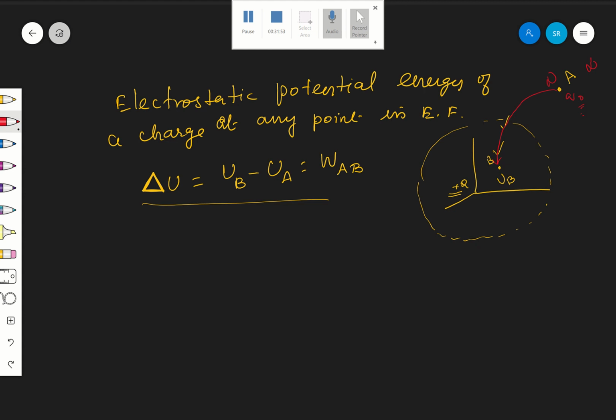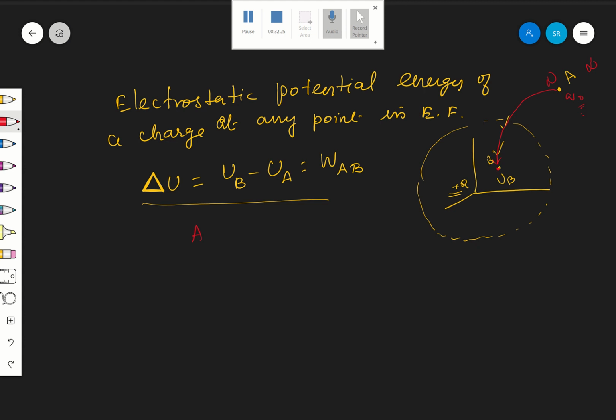The amount of work done in moving the charge Q naught from infinity to that point without acceleration gives you the potential energy of the charge at B, that is, at that point. I hope you are following me. You are taking A here as infinity.